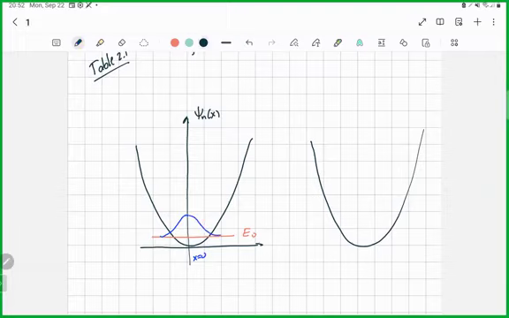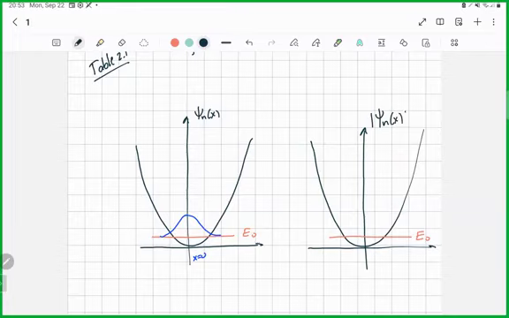Well, we know that probability is the square. So let me put our energy of the ground state. And now I'm going to show in this plot the psi n square, starting with the ground state.